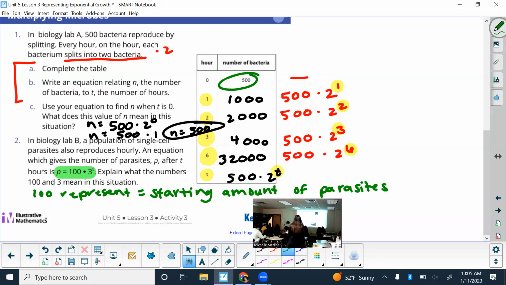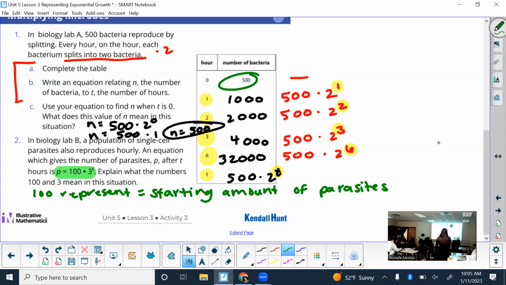All right, just like how in the other equation, the 500, the constant, the number that's alone is your starting amount. So kind of recognize that from here on out. The 100 would have to be the starting amount. And then what would the 3 represent? Table 1.